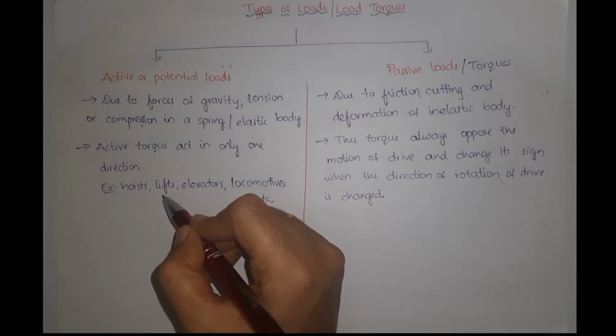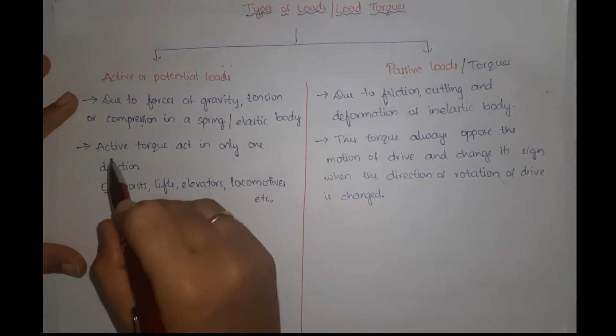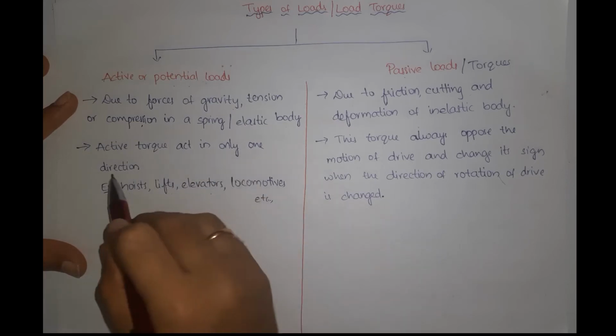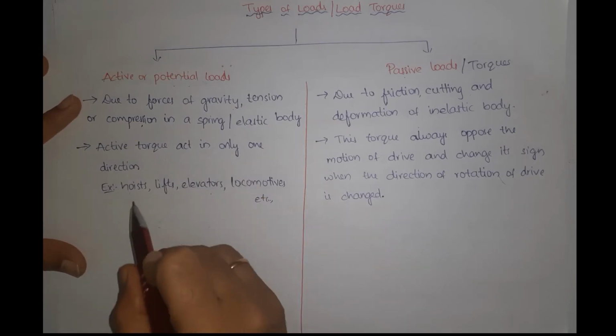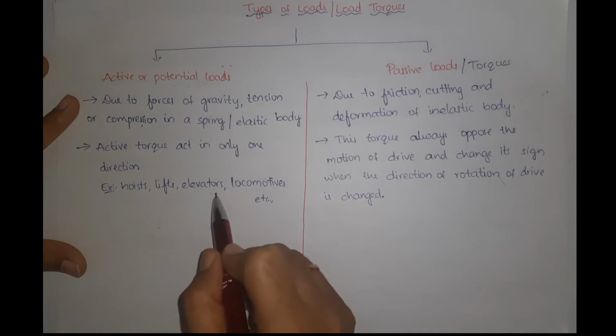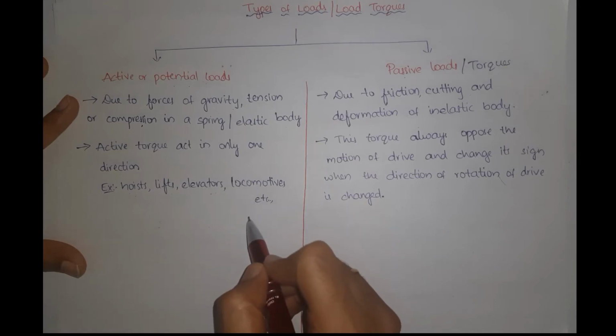In both cases there is a difference in potential energy, but the torque that exists acts only in one direction. So we can conclude that active torque acts only in one direction, like hoists, lifts, elevators and locomotives, etc.